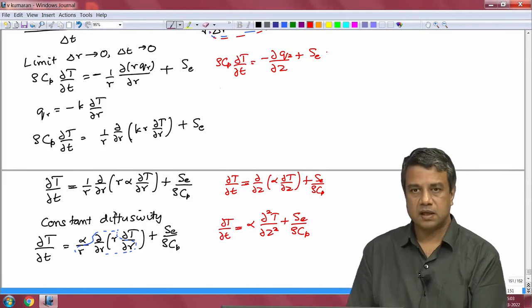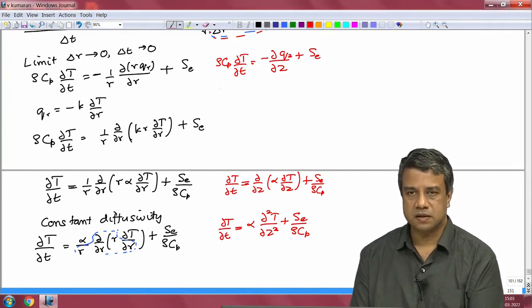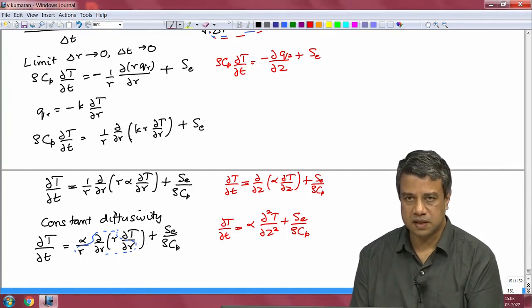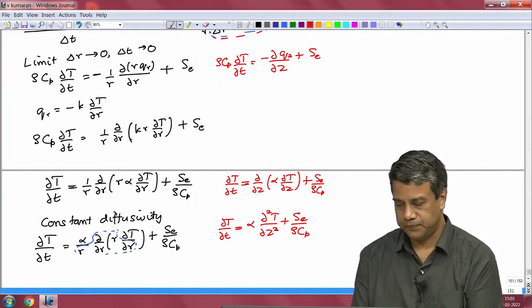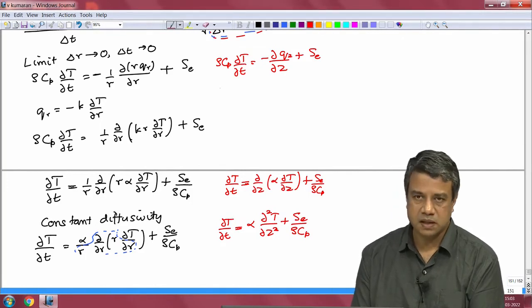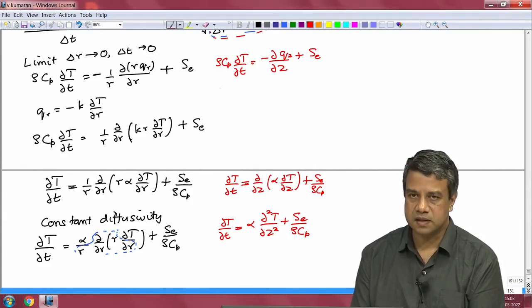The difference between these two is basically that in a Cartesian coordinate system, the surface area is a constant. So, since the surface area is a constant, the transfer rate is directly proportional to the flux. In a cylindrical coordinate system, the surface area is not a constant. The surface area increases as r increases. So, therefore, the transfer rate is not proportional to the flux.